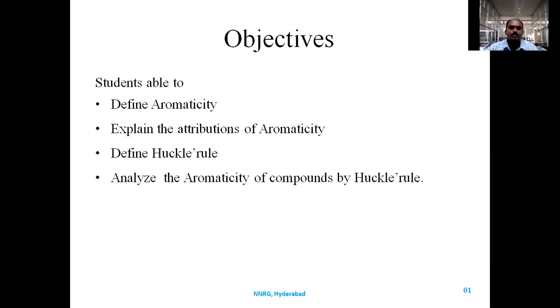So these are the topics which we are going to discuss: the definition of aromaticity, criteria for aromaticity, Huckel's rule, and analyzing aromatic compounds by Huckel's rule.